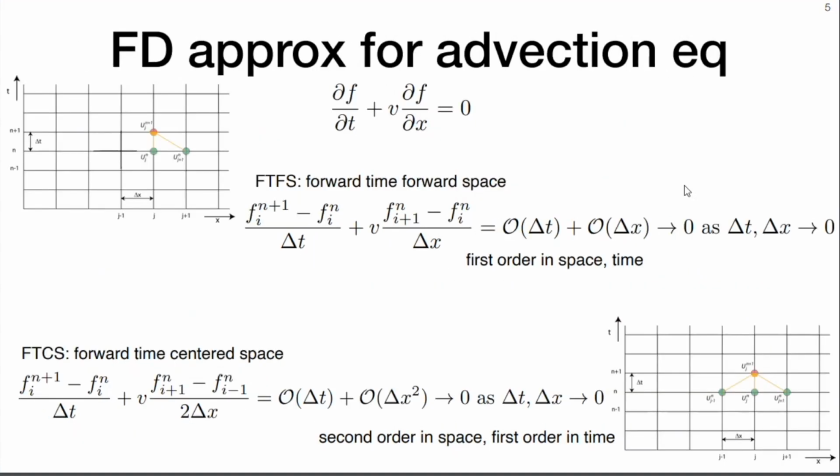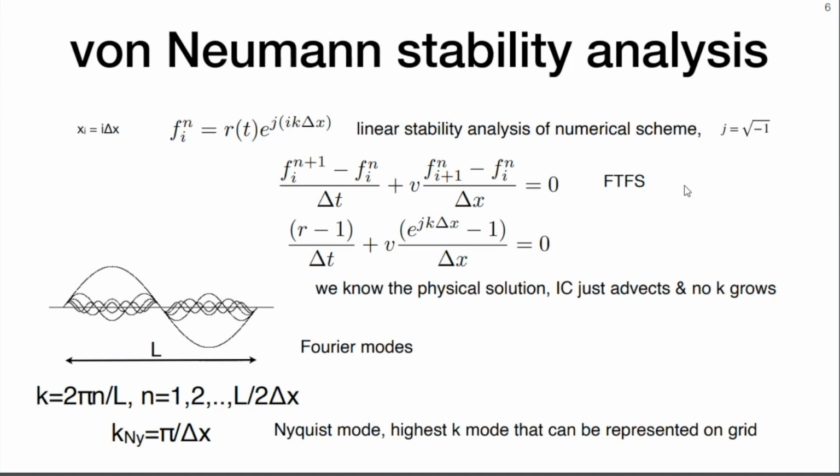One technique for analysis of numerical schemes is something called von Neumann stability analysis. This is basically a linear analysis. If you have a difference equation, for example here the FTCS scheme for advection, what you do is, your x i is equal to i delta x, so x1 is delta x, and x2 is 2 delta x. So you're basically labeling the grid.